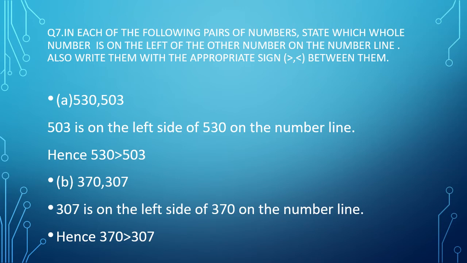Hence, 530 is greater than 503. Question B. 370, 307. 307 is on the left side of 370 on the number line. Hence, 370 is greater than 307.